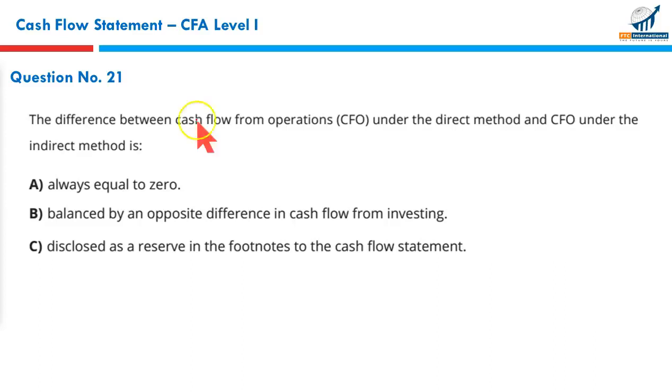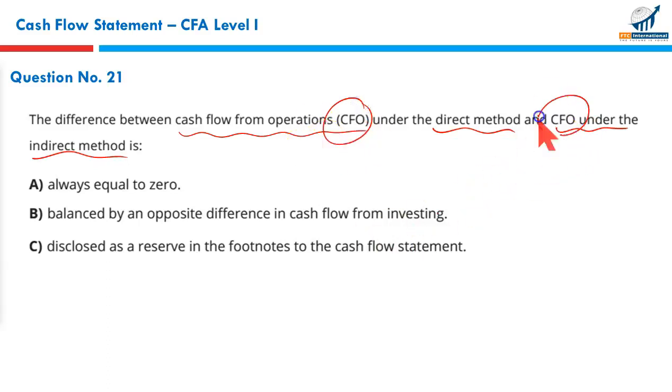A it is. The difference between cash flow from operating activities under the direct method and cash flow under the indirect method: whether you follow a direct approach or an indirect approach, your cash flow under both methods must be the same. The difference between them would be zero, because whether you use the direct method or the indirect method, the net cash from operations under both methods must be the same.